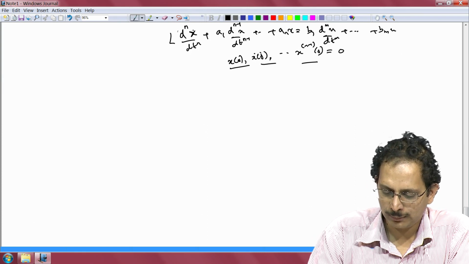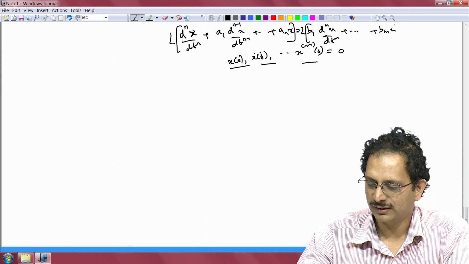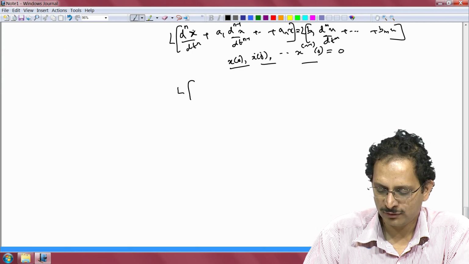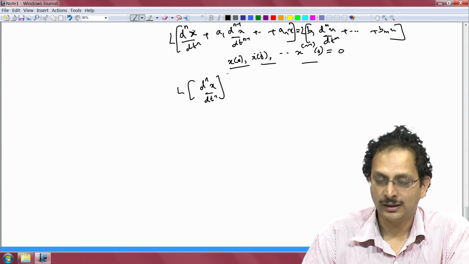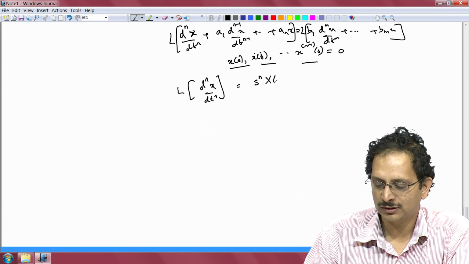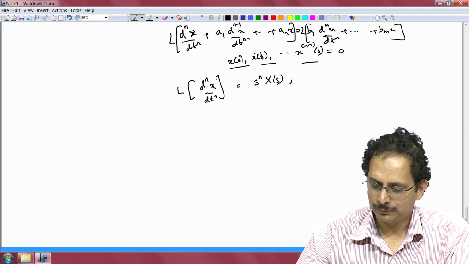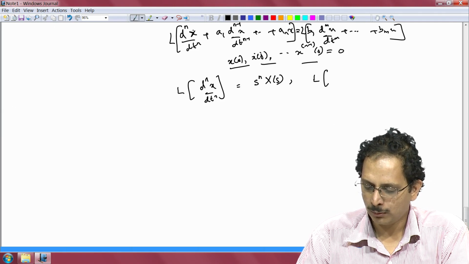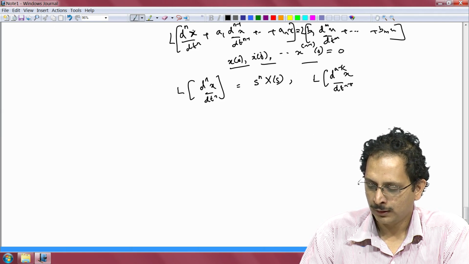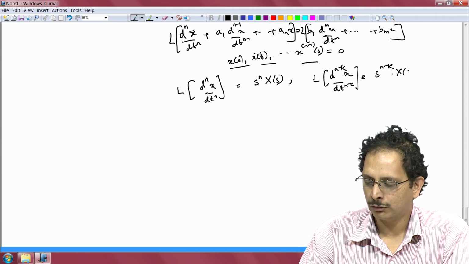So I apply the Laplace transform to this, and that should be equal to the Laplace transform of that. Now the Laplace transform of the nth derivative of x with respect to time, when the initial conditions are 0, is simply equal to s power n times the Laplace transform of x. Similarly, for any other index, the Laplace transform of the n minus kth derivative of x with respect to time can be shown to be simply equal to s power n minus k times the Laplace transform of x.